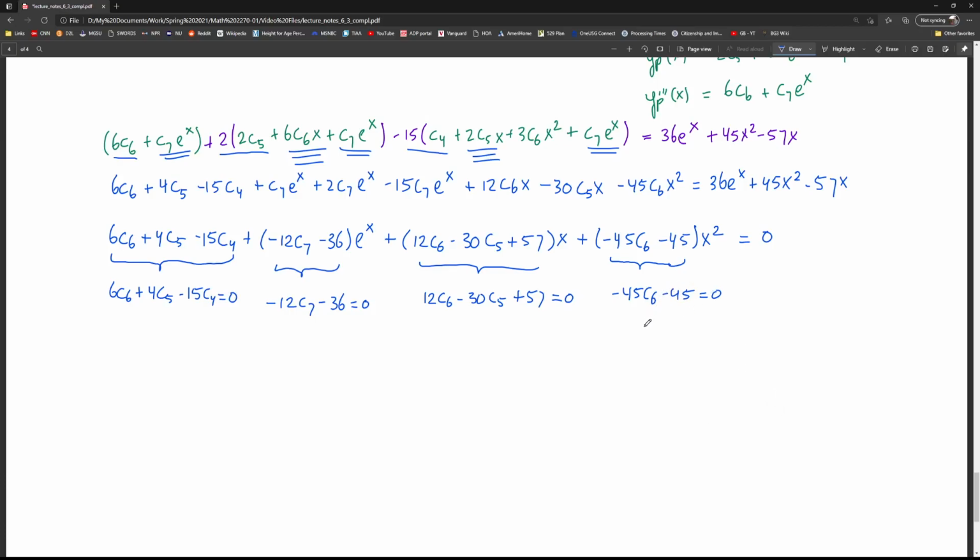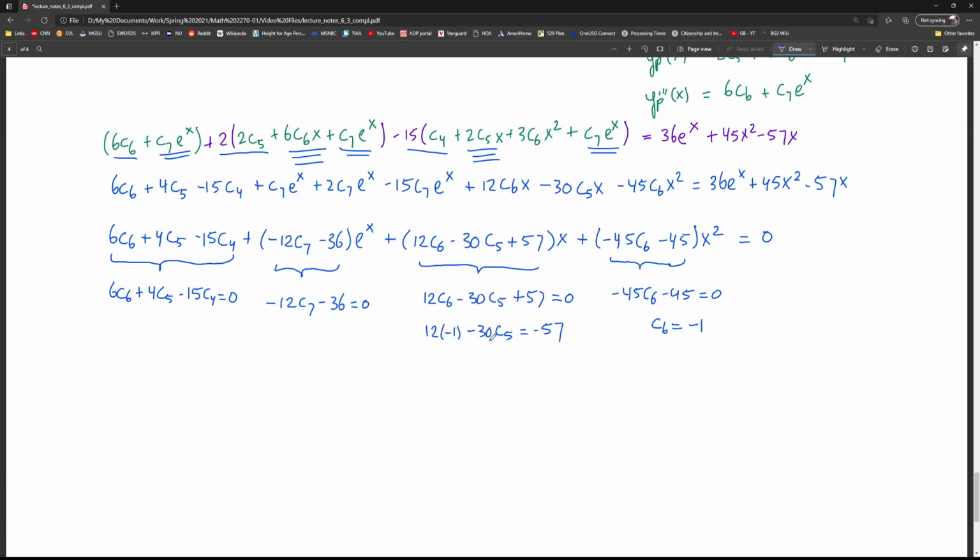This one is easiest to solve. So bring 45 to the other side, divide by negative 45. That tells us that c6 is negative 1. So now we can plug that in here and get 12 times negative 1 minus 30c5 equals negative 57.